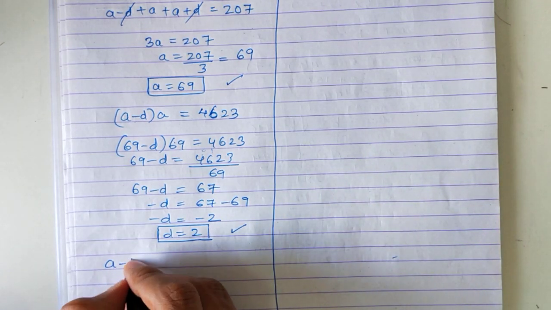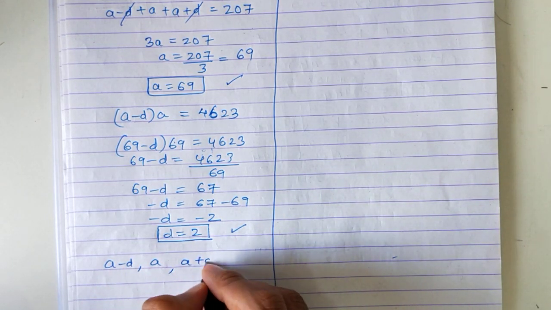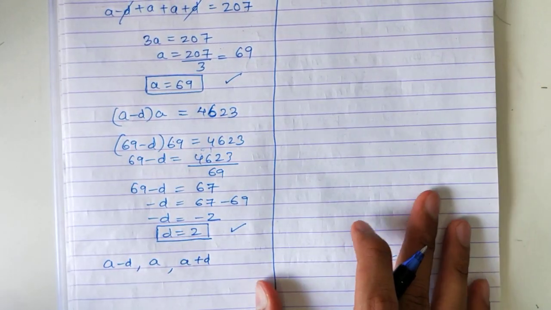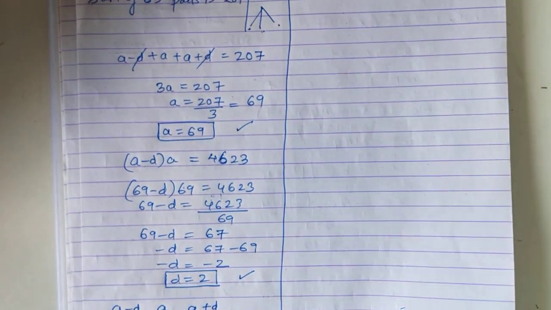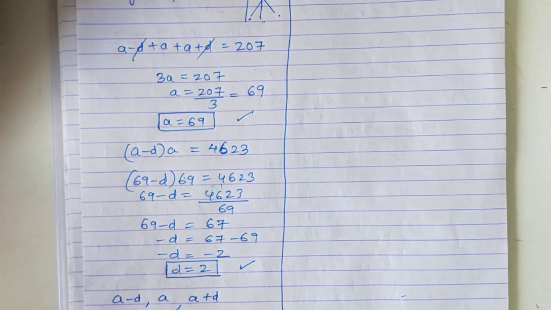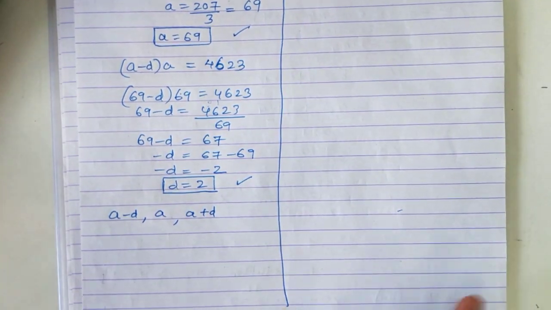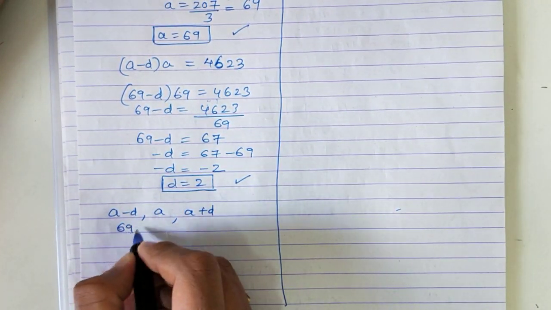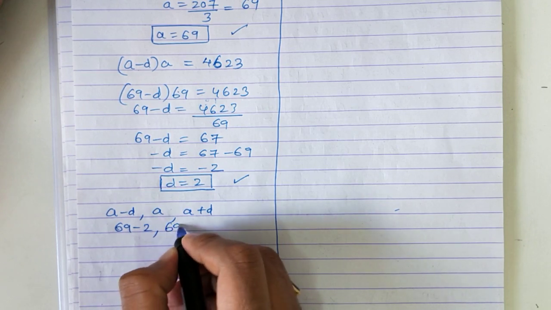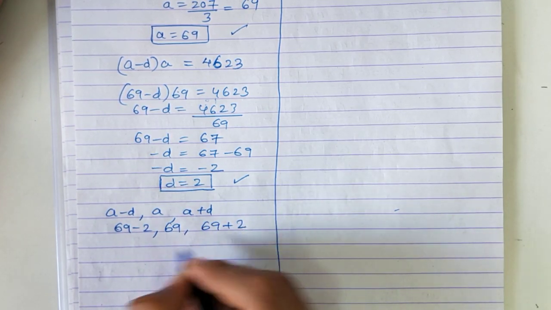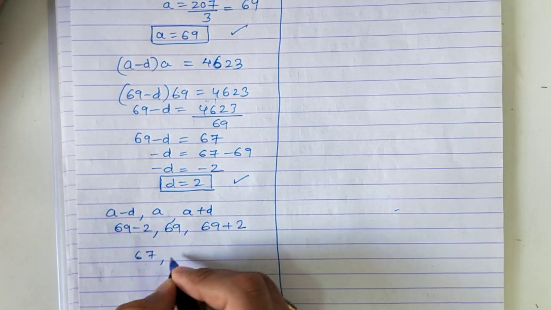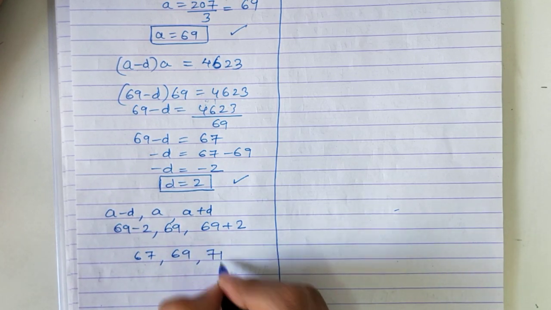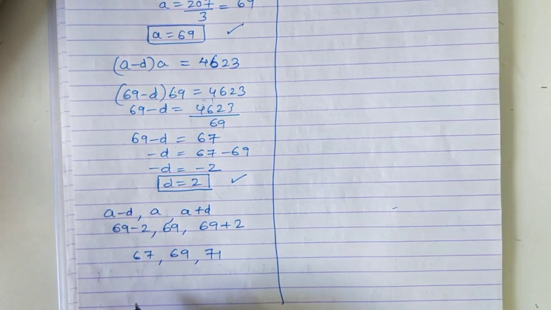The three terms were a minus d, a, and a plus d. So a minus d means 69 minus 2, a is 69, and a plus d is 69 plus 2. So this is 67, 69 and 71.